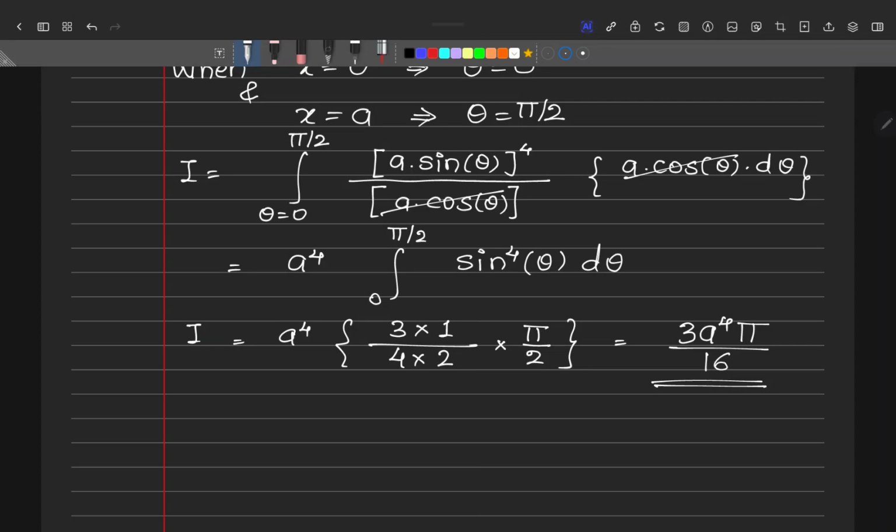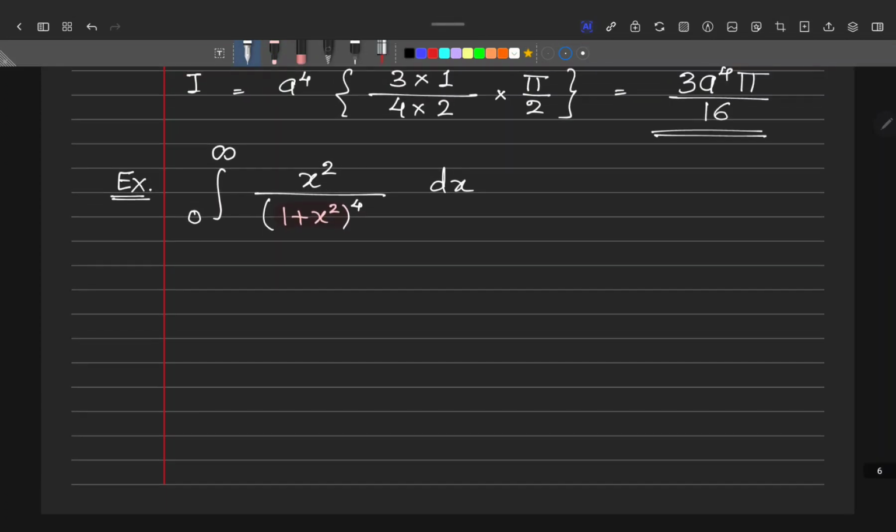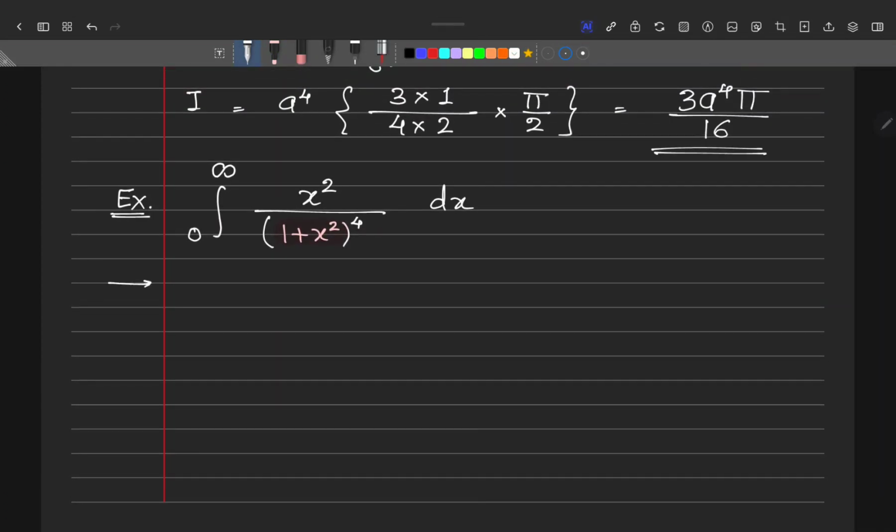Is it clear? Then the next example is the integration from 0 to infinity of x square upon 1 plus x square raised to 4 dx. Whenever you find 1 plus x square in the denominator, here we need to use a different substitution. So what we do?